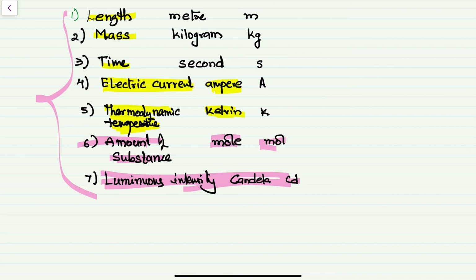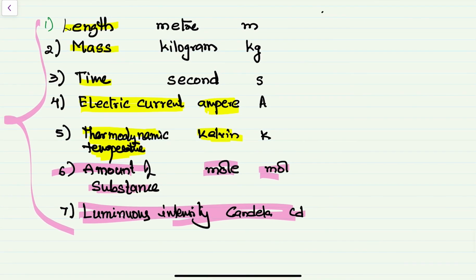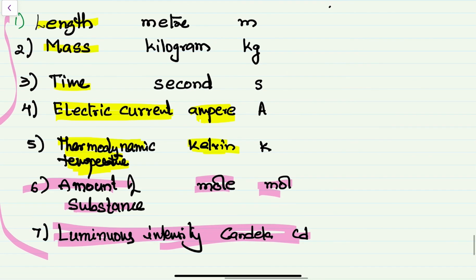Any other quantity can be derived from these 7 only, and that is called a derived physical quantity. Let us say length and time. These two are base quantities.